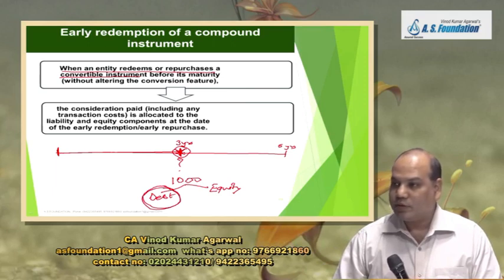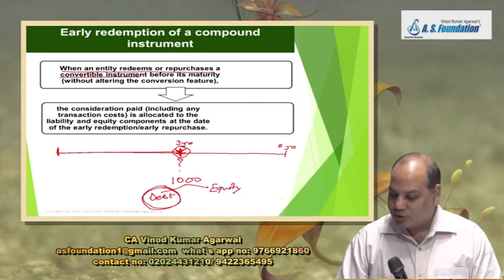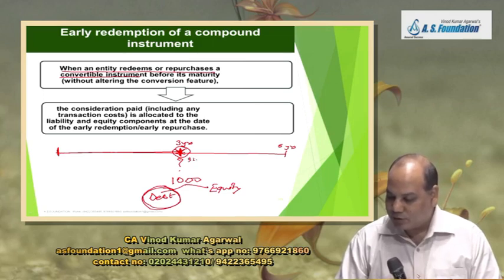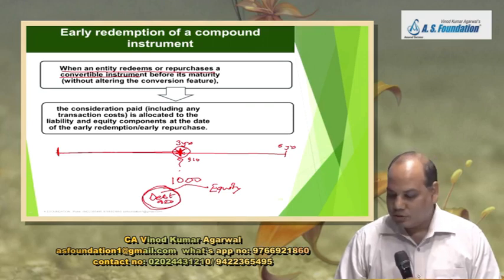Compare the amount transferred with the carrying amount. Carrying amount on this date is suppose 910 rupees and you have transferred, let us say, 920 rupees to debt. So the 10 rupee difference will be transferred to profit and loss.